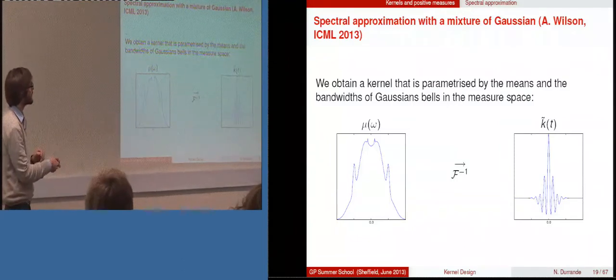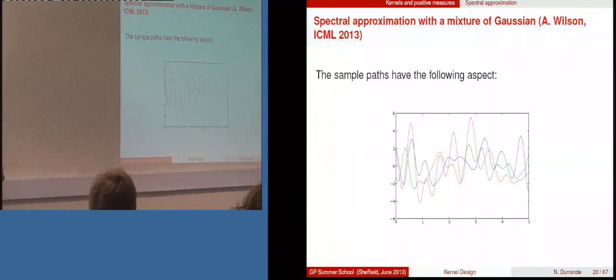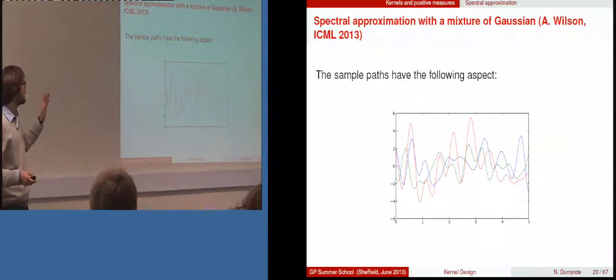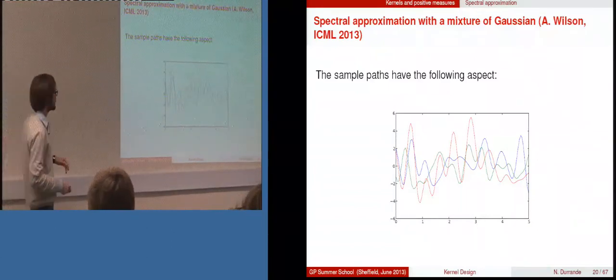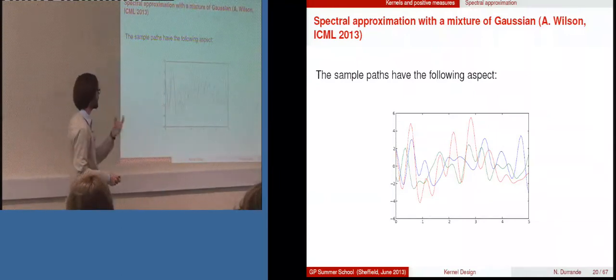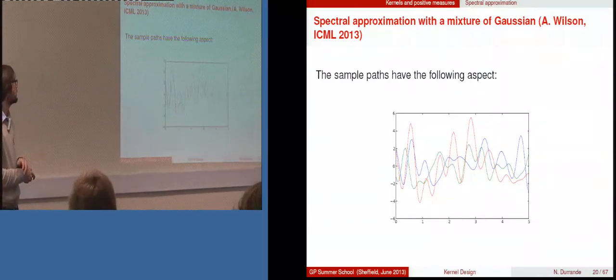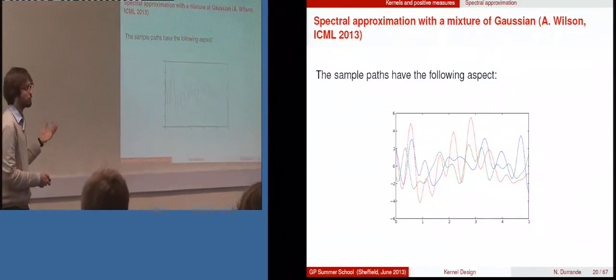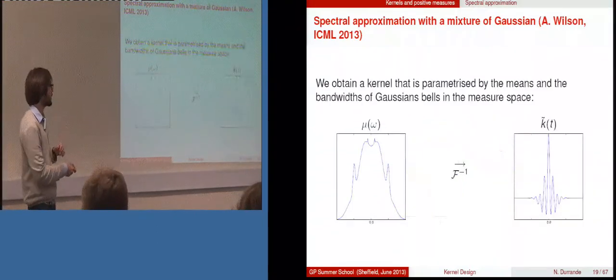For example, if I take this kernel and simulate some sample paths, they have roughly periodic behavior, because you can see that the maxima are regularly spaced over the input space, but it's not perfectly periodic because there's some kind of decay in this function.